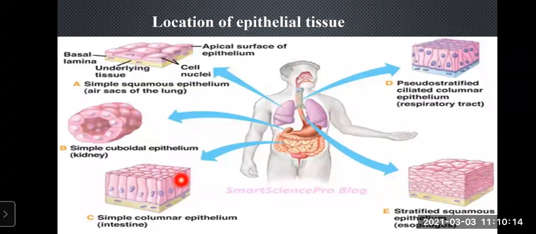Columnar epithelium, it is present especially in the large intestine. Okay. Then you have stratified epithelium, which is present in the esophagus as well as in the skin. And pseudostratified, it is again a modified type of stratified epithelium, which is present in the respiratory tract.